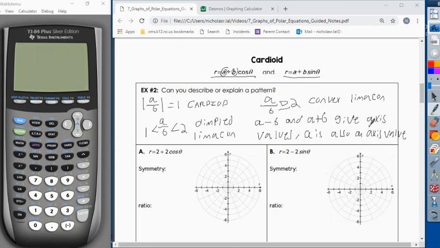Alright, so now that we have the pattern explained, let's dive into some examples.